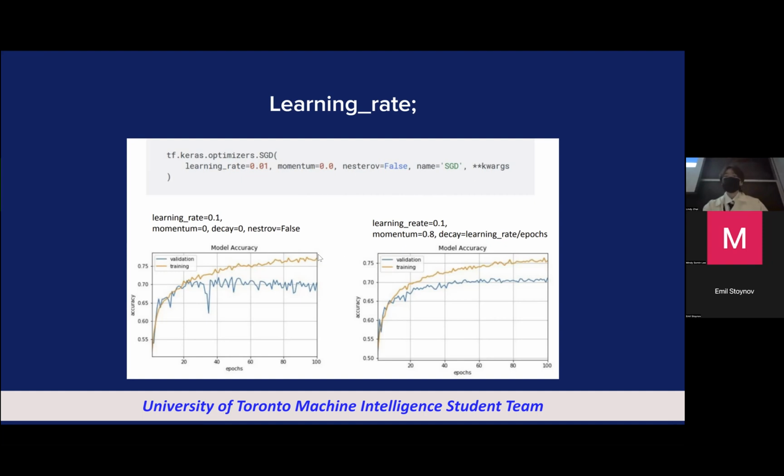You can ignore that term. Another thing that's mentioned is that one of those keyword arguments could be decay. But what is decay? Decay essentially is when you have a learning rate and you put a decay there, you're dividing your learning rate.